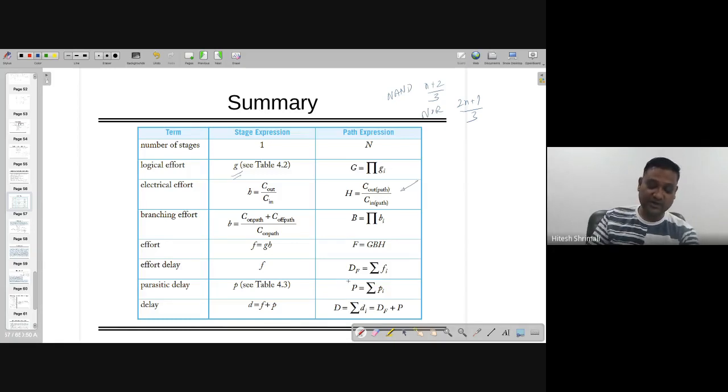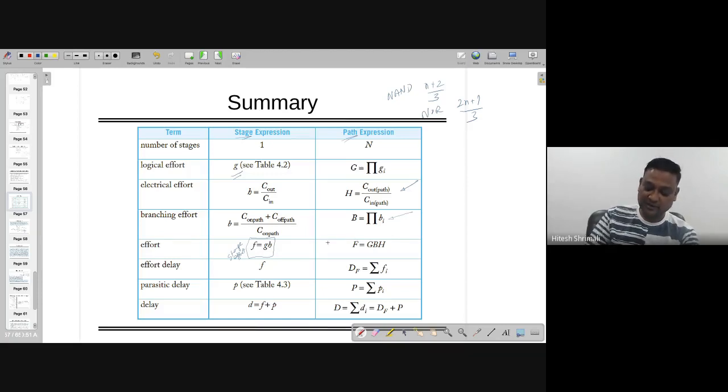But if you are saying branching might be there most of the time. So that is nothing but C on path plus C off path divided by C on path, and such branches will be multiplied, and that is going to give me the capital B. Here the stage effort, with the small letter f, is gh.